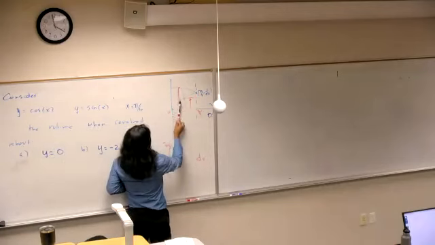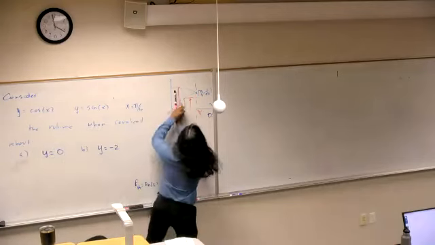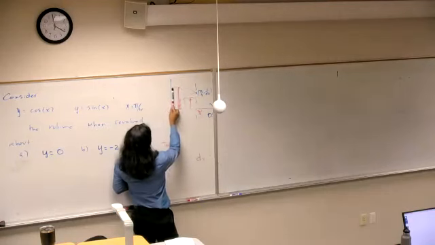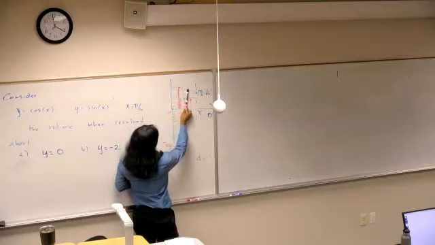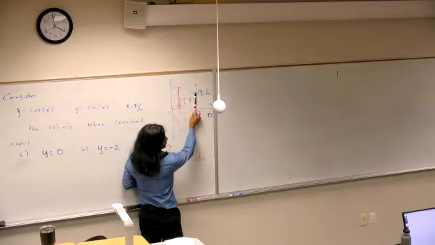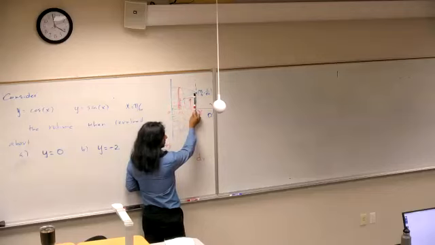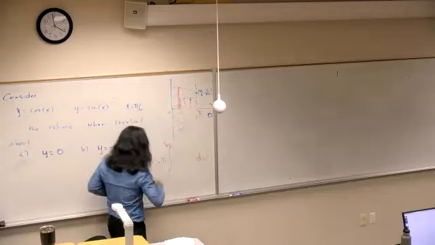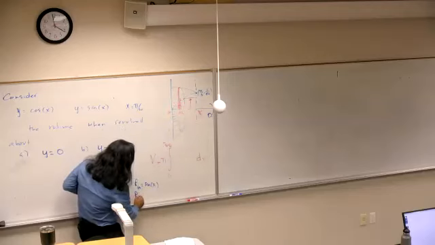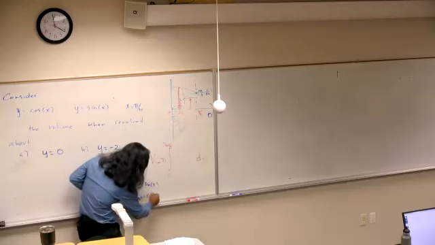Outer. This was inner, outer. As I move from 0 to pi over 4, the radius is changing with respect to which function? Cosine x. So the outer one is cosine x.